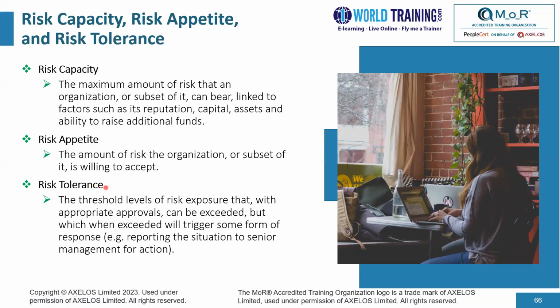And risk tolerance is the threshold levels of risk exposure that, with appropriate approvals, can be exceeded, but which, when exceeded, will trigger some form of response. For example, reporting a situation to senior management for action. You could say any risk that goes beyond a particular threshold of timeline would have to be escalated to the next level of management.